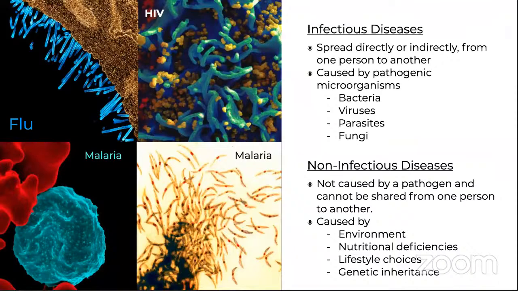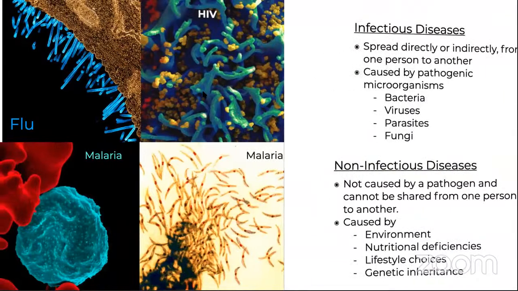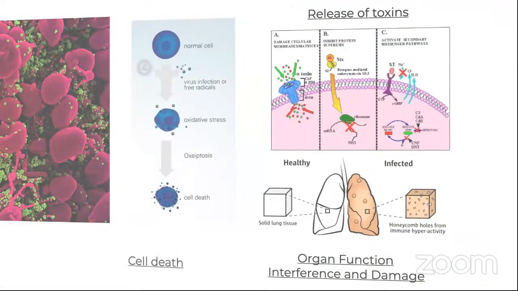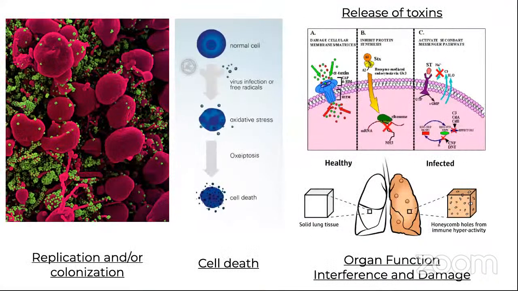But as Anita already pointed out, there are so many factors involved. And one of the primary factors beyond the study of the pathogen itself is how does that pathogen cause disease, or what is the process of pathogenesis? How do these pathogens replicate? How do they cause different toxins to be released and harm the host?